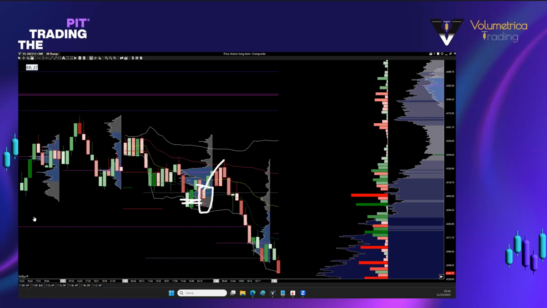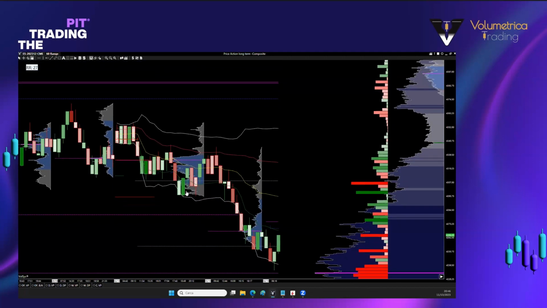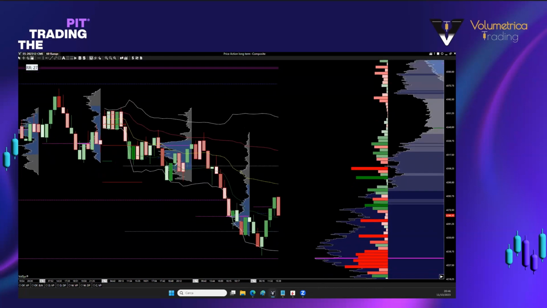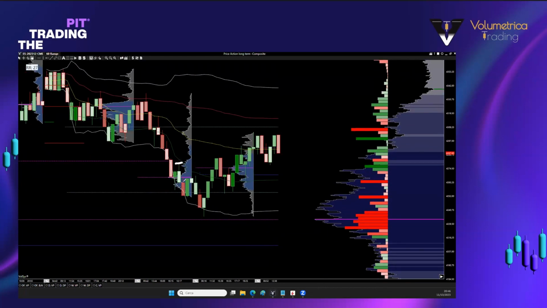An opposite example is here. This bar is green, but that's a down bar. How can I tell that? Because the new bar opens here. So that means its shadow means price has gone all the way up to here.